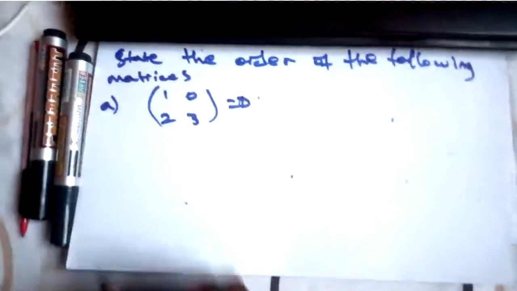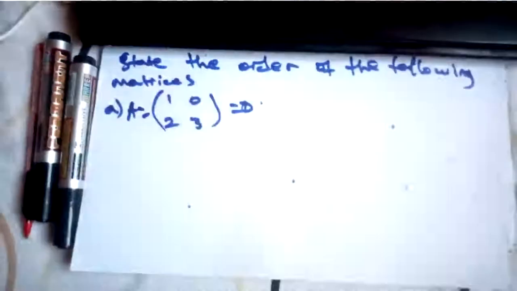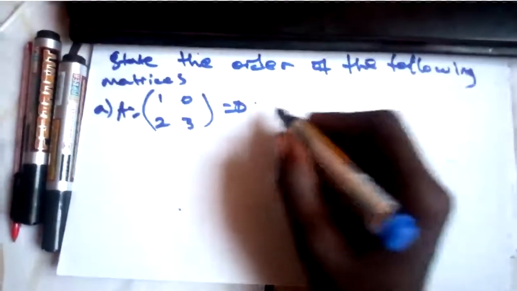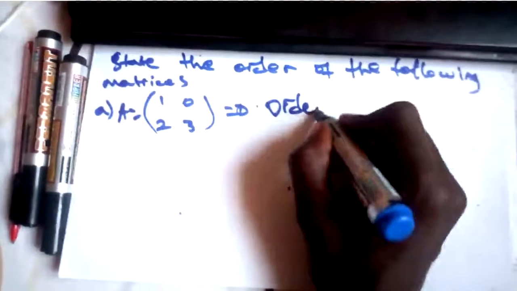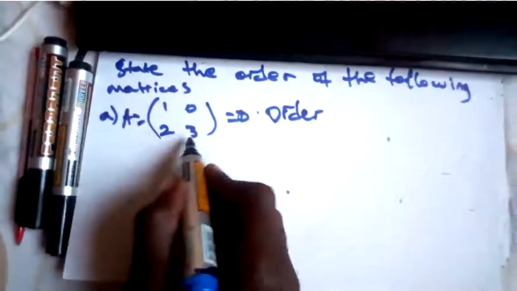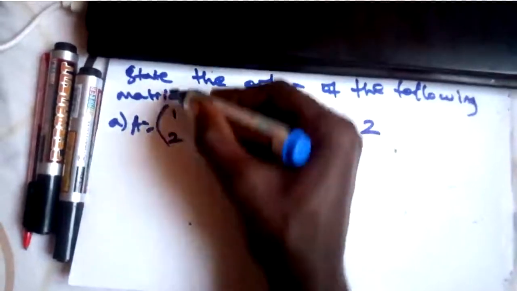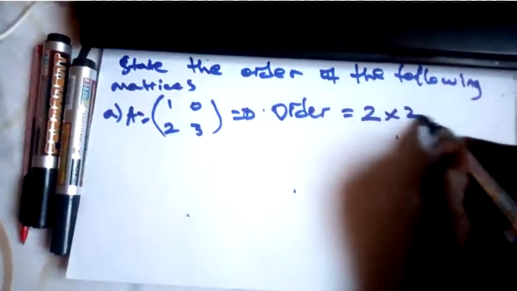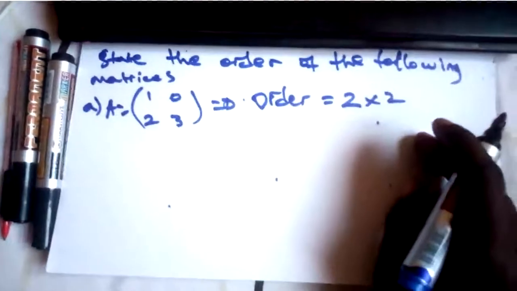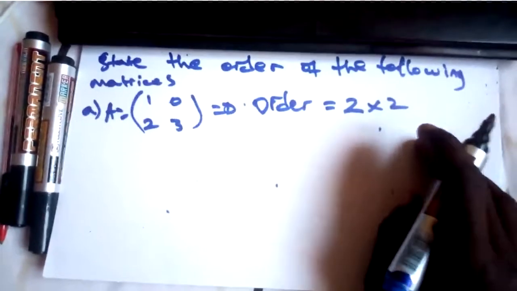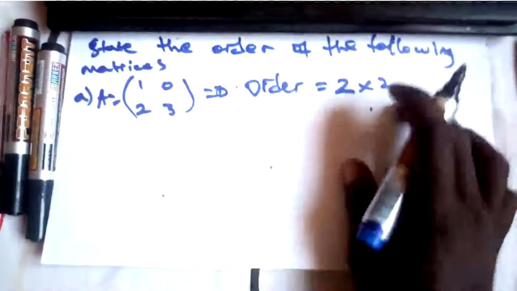If we look at this matrix here, the order of the matrix is going to be: how many rows? 1, 2. How many columns? 1, 2. So it is a 2 by 2 matrix. Hope that is clear. This implies that it has 2 rows and 2 columns.